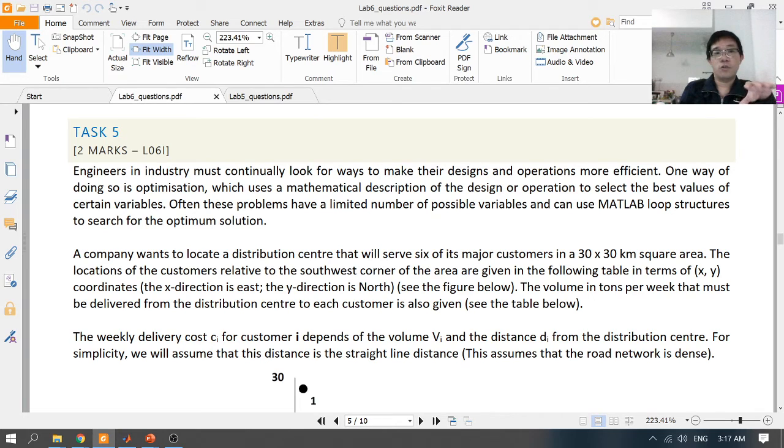If you have not gone through this question yet, you can pause the video and read all this information here first. After that, you can continue to watch the video. Assuming that you have gone through all the information given in this question, then you will be able to see that what this question asks us to do is to identify the location of the distribution center.